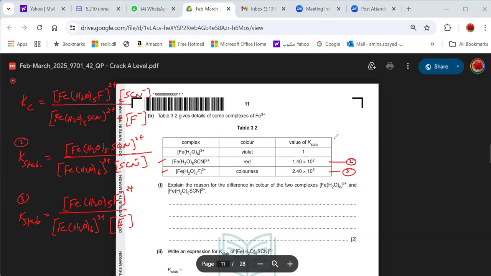So if we divide them, we get [Fe(H2O)5F]2+.